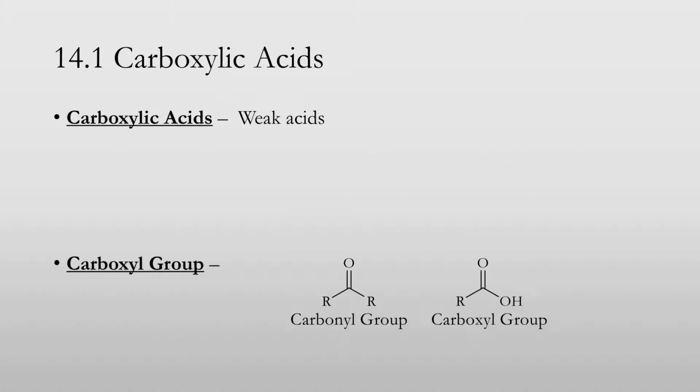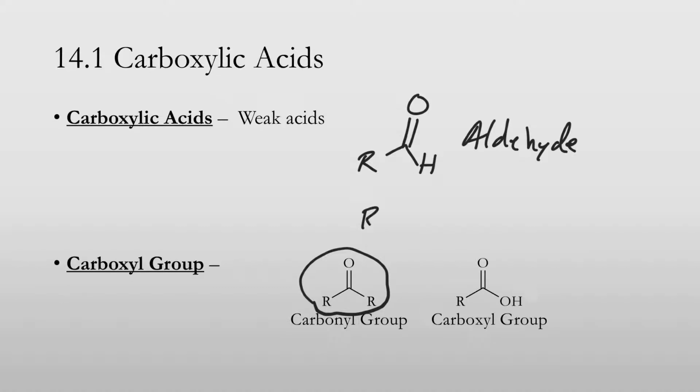So section 1 is on carboxylic acids, and a very short definition of carboxylic acids is that they are weak acids. But they're also a functional group, and you can see we have the carbonyl here, which we learned about previously. In chapter 12, we had if there was an R group and an H, it's an aldehyde.